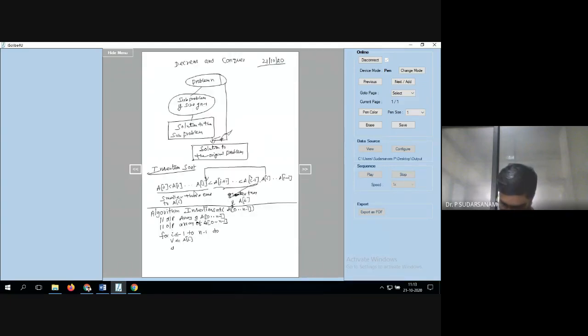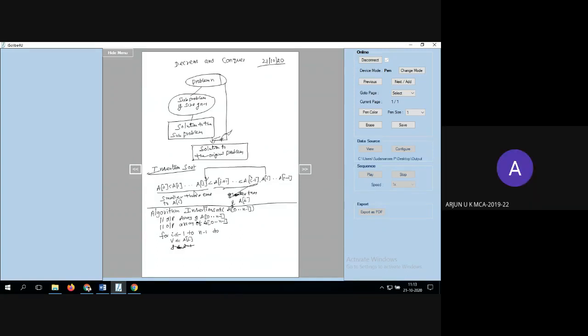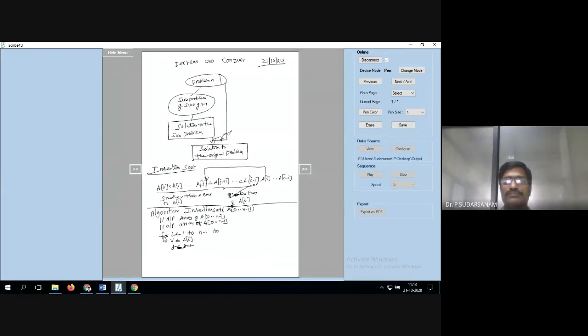J is equal to I minus 1. The statement is not visible, so I'll rewrite this statement once again. J is equal to I minus 1. Now it's clear?